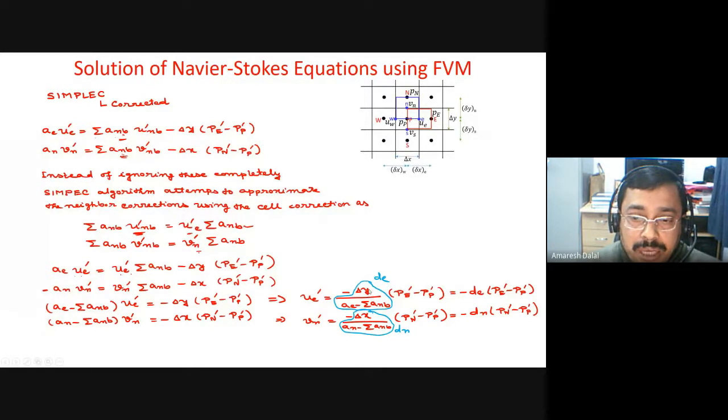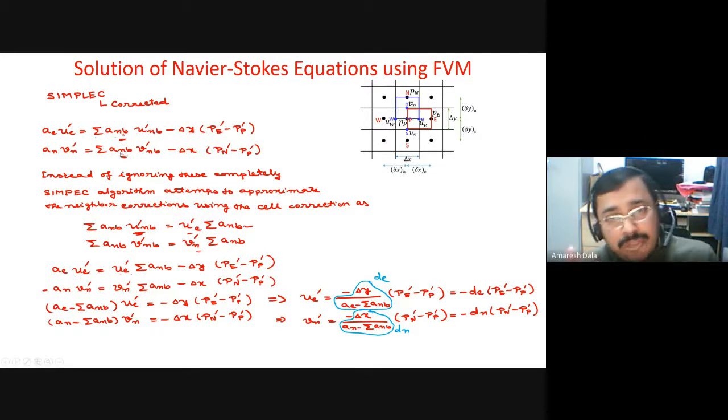Okay, so earlier it was delta y by AE, but now you have delta y by AE minus summation of A and B. If you make these changes, then obviously you can see that you are not fully dropping this term. So it converges faster than the simple algorithm.